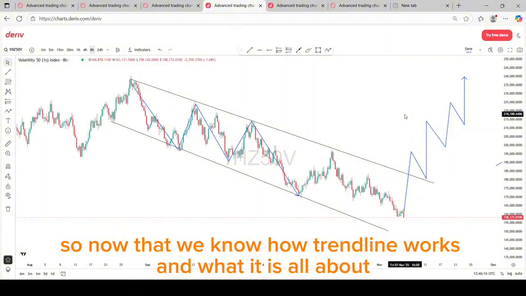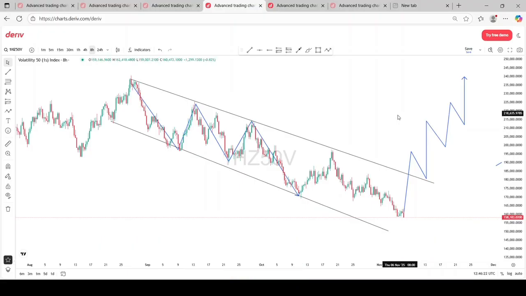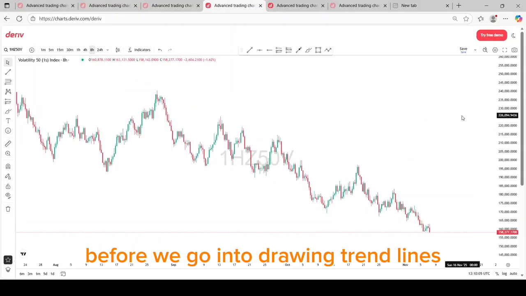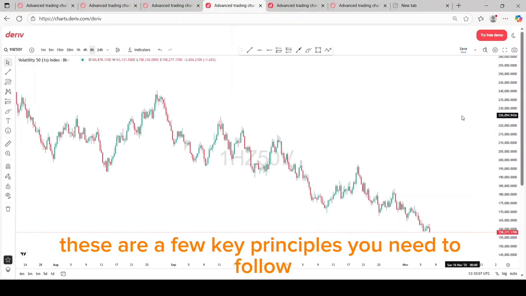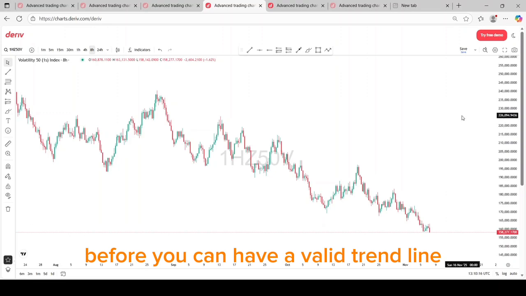So now that we know how trend lines work and what it's all about, let me show you how we draw them properly. Before we go into drawing trend lines, these are a few key principles you need to follow. Number one, you need a minimum of two touches before you can have a valid trend line.